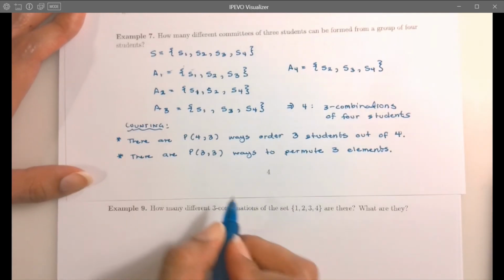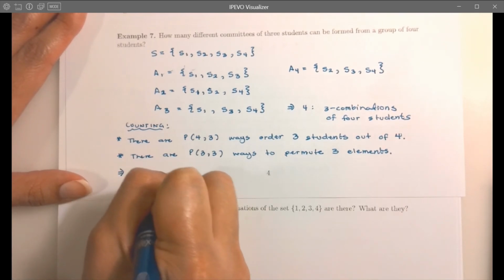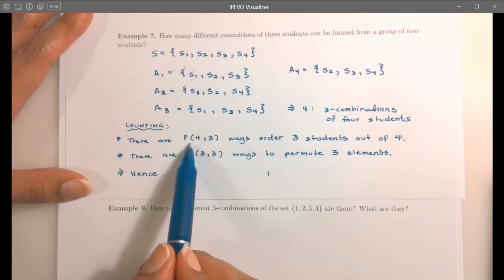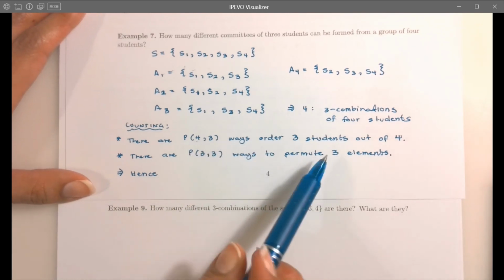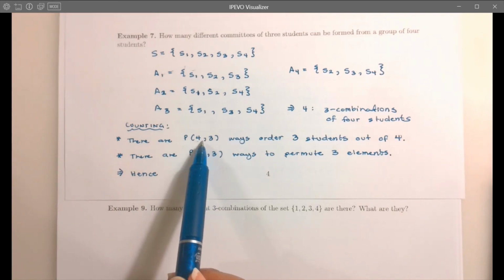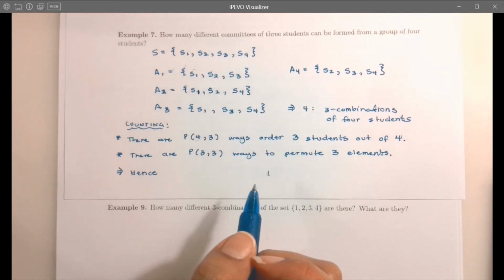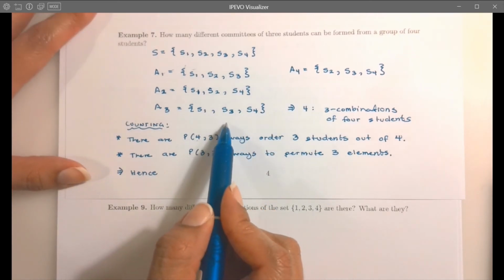So hence, the number of R combinations is going to be the number of permutations of 3 out of 4 divided by the number of ways that you can permute 3 elements, because all of those are going to correspond to the same subset, right?